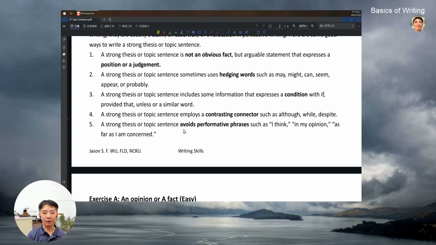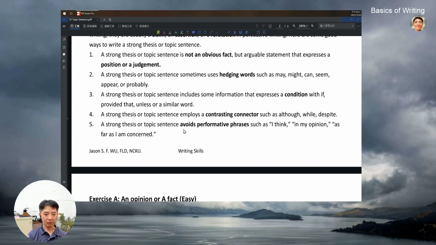Number 5 is avoid performative phrases in writing, like I think, in my opinion, as far as I'm concerned. These are not necessary because in an essay, if it's not your opinion, usually most of the time it is evidence, or maybe you quote someone's idea or findings. So all the sentences and arguments are either yours or someone's findings that you quote.